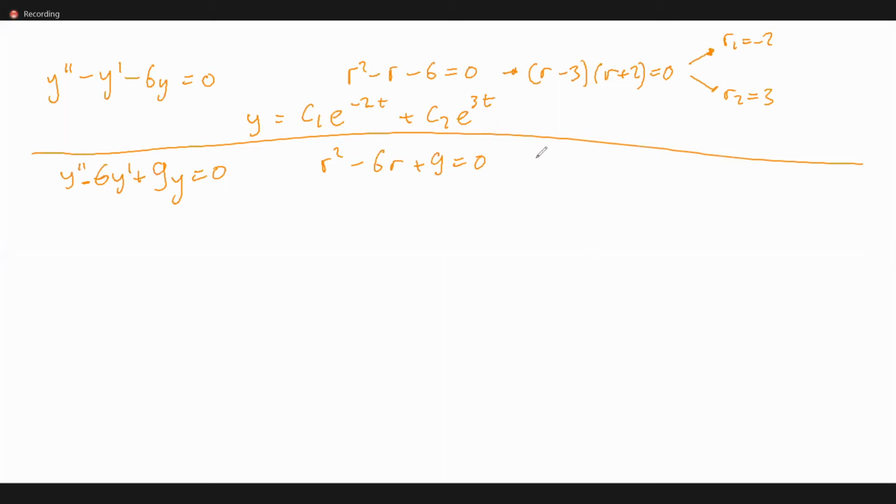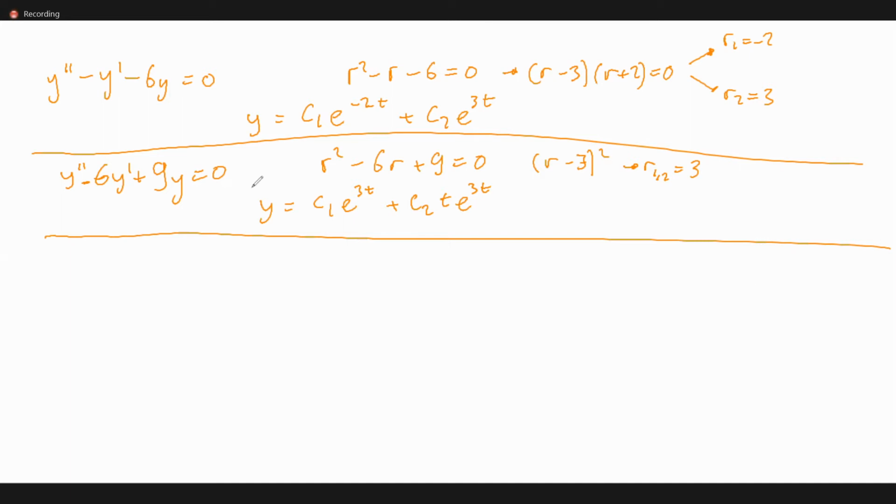This factorizes as r minus 3 squared, giving two identical roots, r1 and r2, as 3. So the solution, when we have two identical real roots, is given by C1 e to the power of 3t plus C2 t e to the power of 3t.